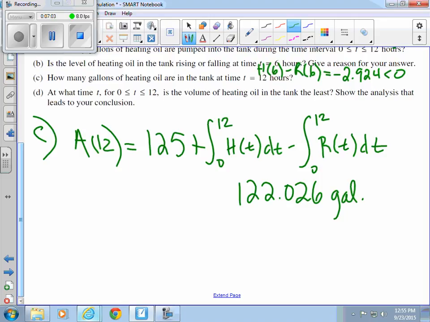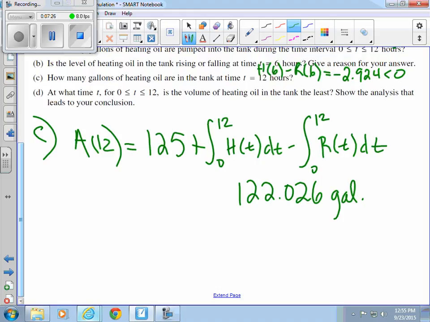At what time T between 0 and 12 is the volume of the heating oil in the tank least? Okay, find that. Candidates test, right? I need to check 0, check 12. I need to check the critical points in between.